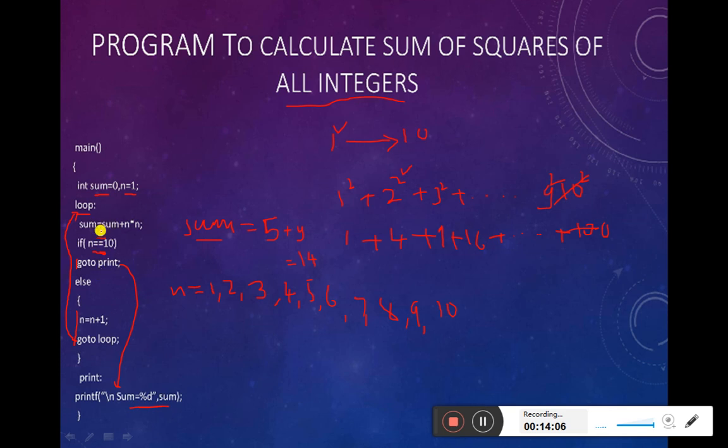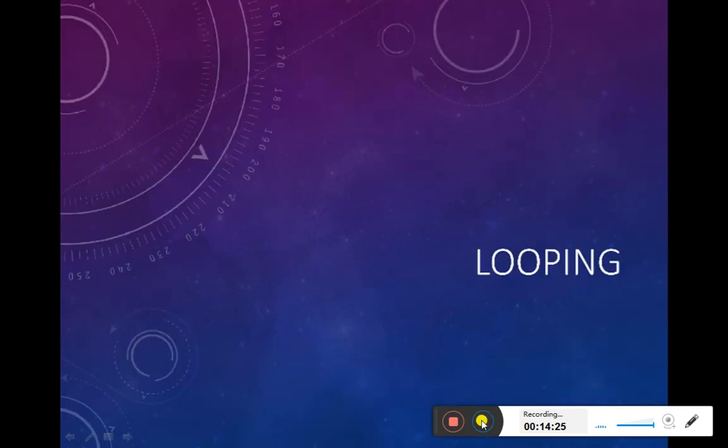So this way, we have both a backward jump as well as a forward jump to calculate the sum of squares of n numbers. This is a forward jump, and this will be a backward jump. Now it's all about branching statements including the go to statement.